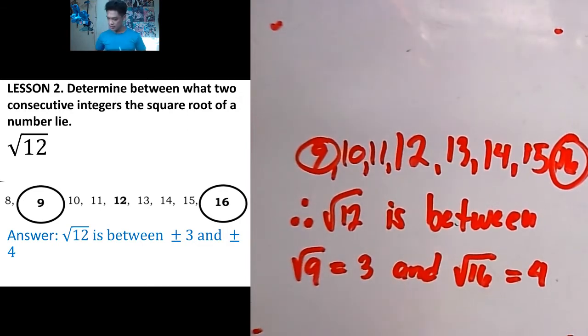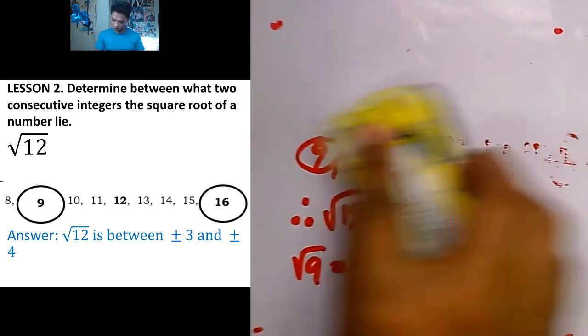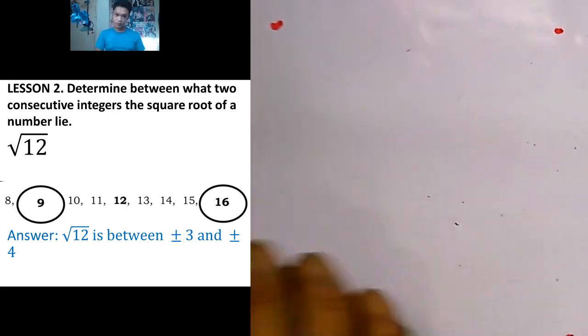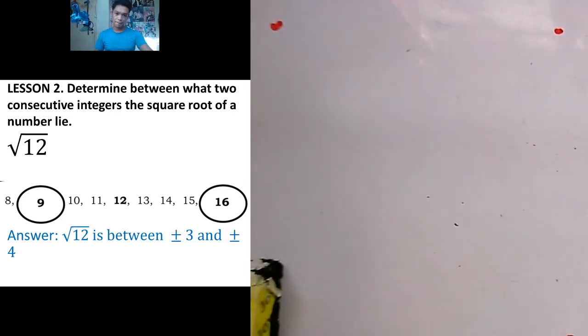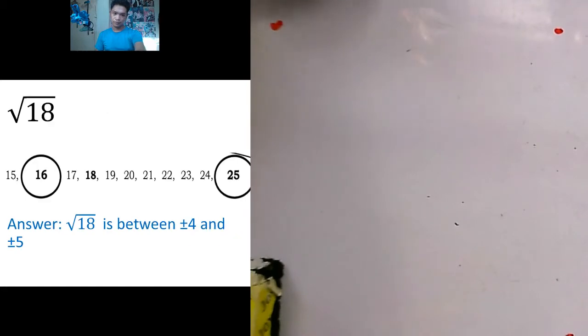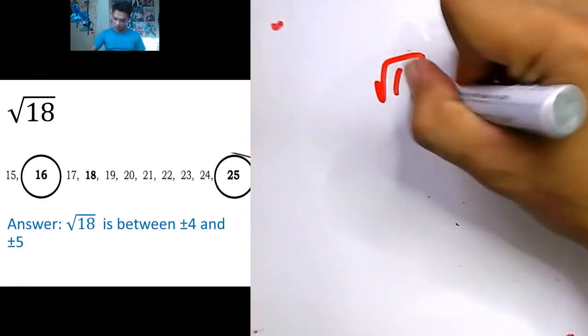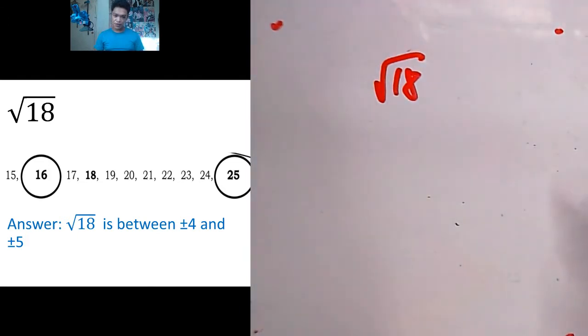So, next example. Square root of 18. We have the given square root of 18. Identify first the two integers before and after 18 which are perfect squares.